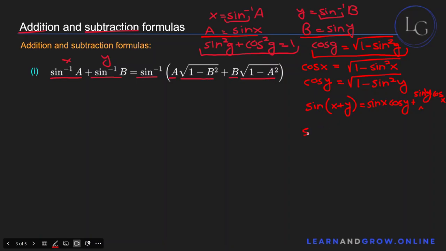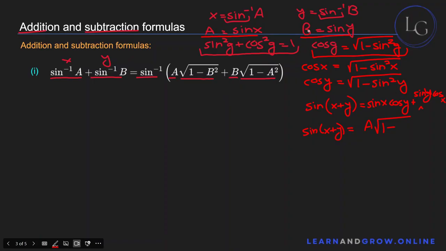Sine of x plus y is equal to sine of x, which is a, into cosine of y, which is under root 1 minus sine square of y.